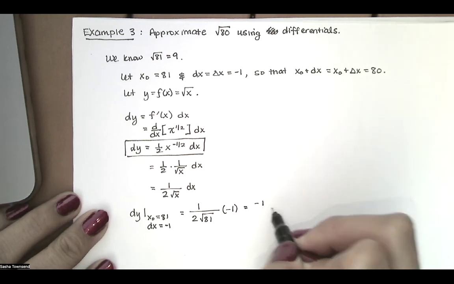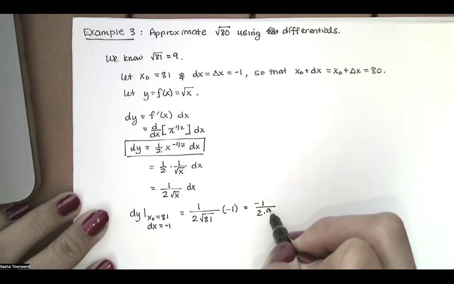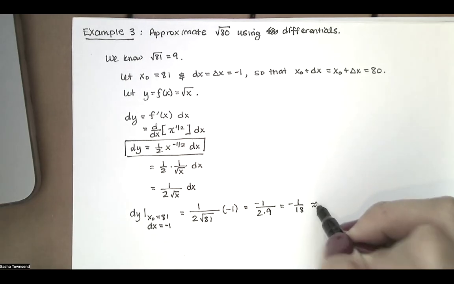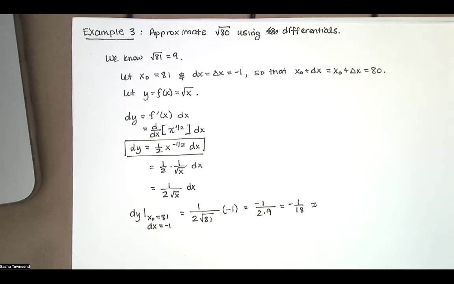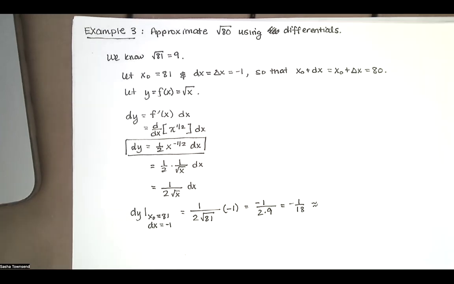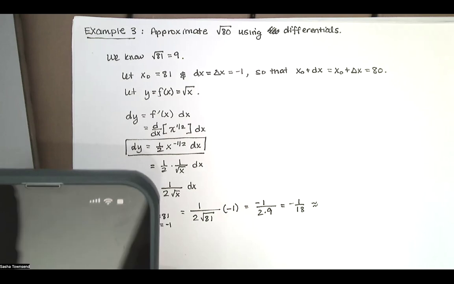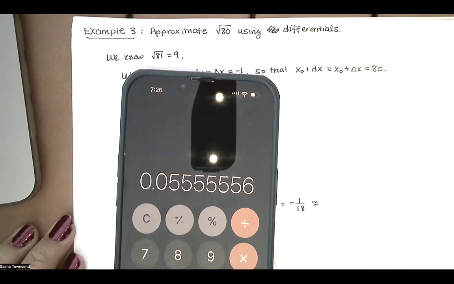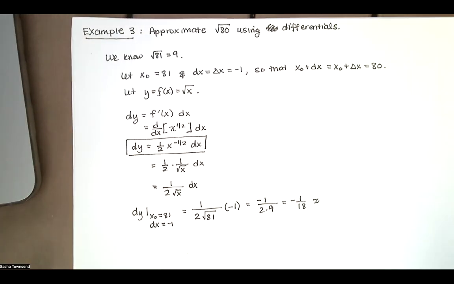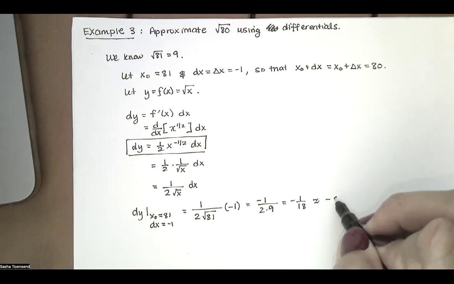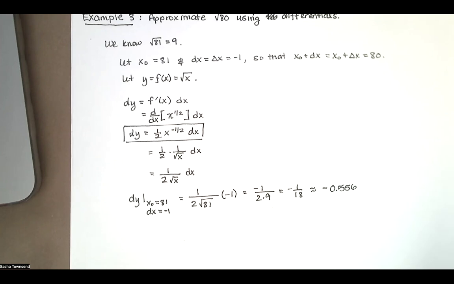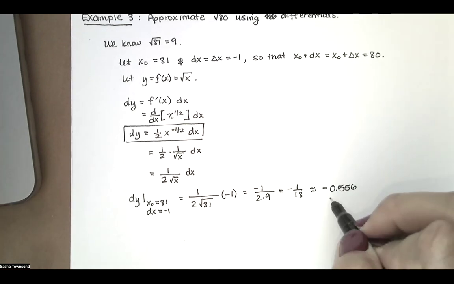So you have -1 divided by 2 times 9, which is -1/18. I don't know what that is exactly, but I can use a calculator to approximate it. So 1 divided by 18 is approximately 0.0556. So this is the expected change in y using the tangent line approximation.